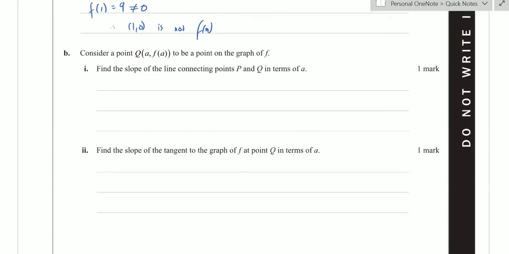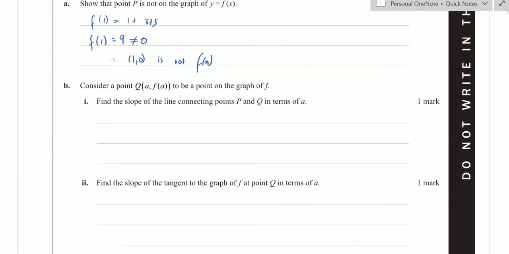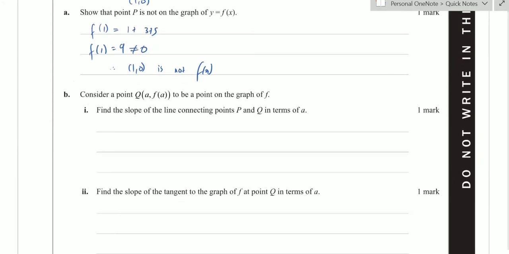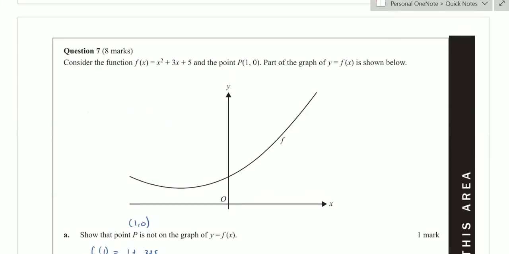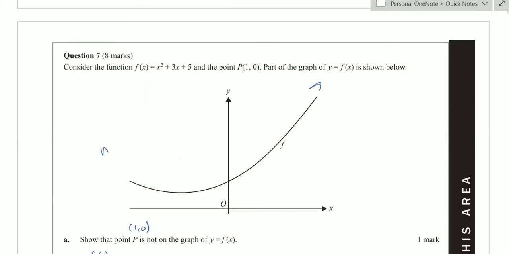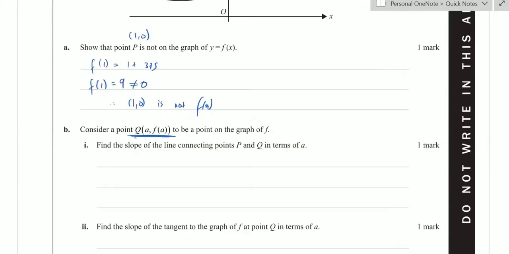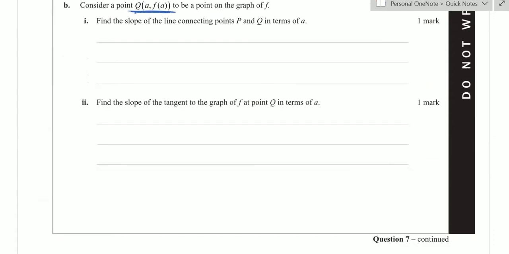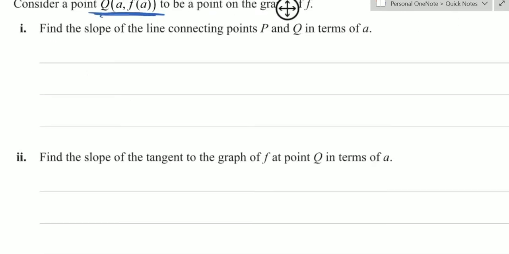So now they're telling us Q is a random point, could be anywhere on the graph. They don't give us any restrictions on A, so it really could be any point at all on the graph. And it's asking you for the slope. So slope we know is just y2 minus y1 on x2 minus x1.